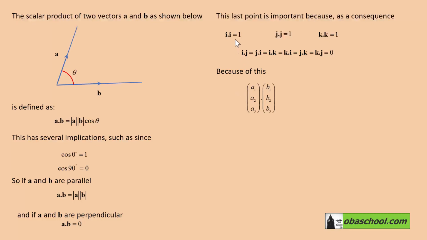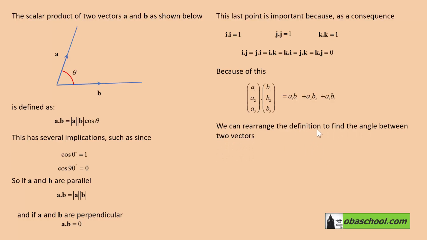I dot I is 1, but when we do I dotted with a J or I dotted with a K, it gives us 0. So it's just going to give us A1 B1. And then the same thing with A2: it's only going to give you a value with B2. So A1 B1 plus A2 B2 and then plus A3 B3. And we'll look at that in some examples.